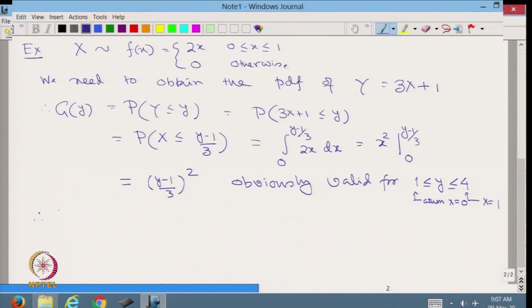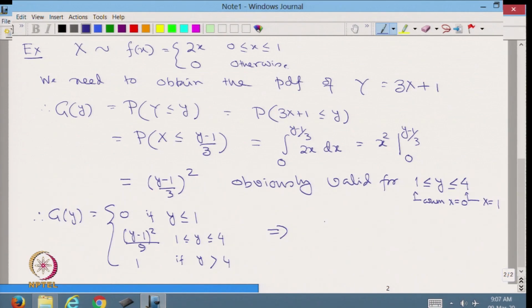Therefore, G of y is equal to 0 if y less than or equal to 1, (y minus 1) whole square by 9 if 1 less than or equal to y less than or equal to 4, and is equal to 1 if y greater than 4.